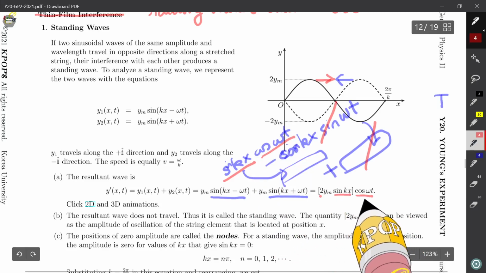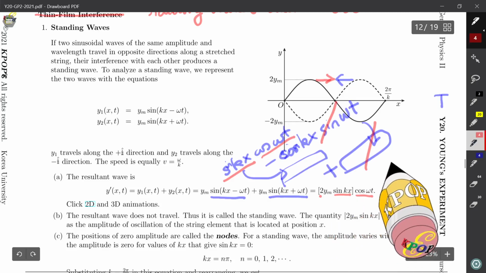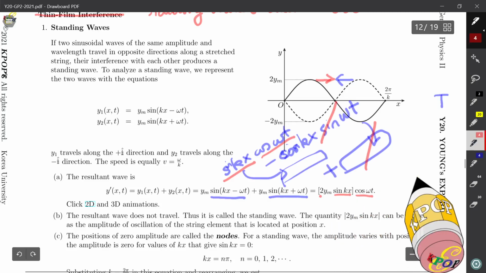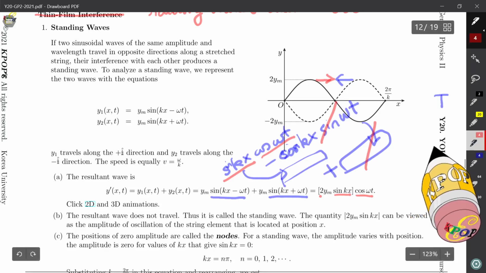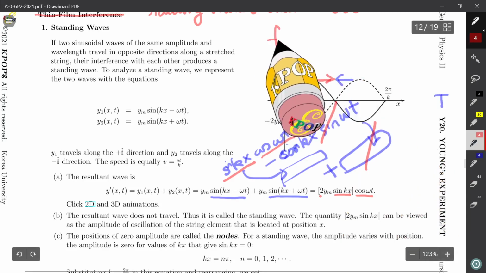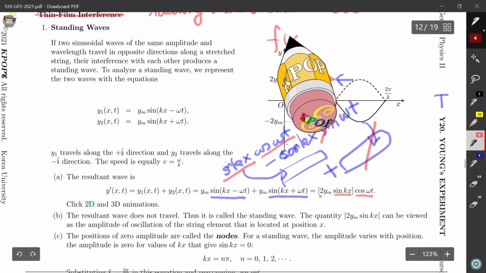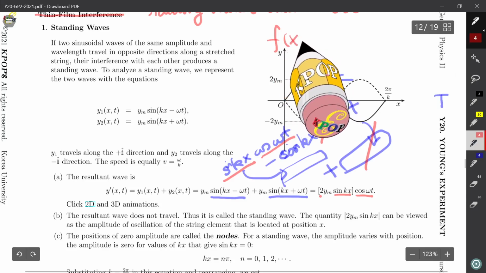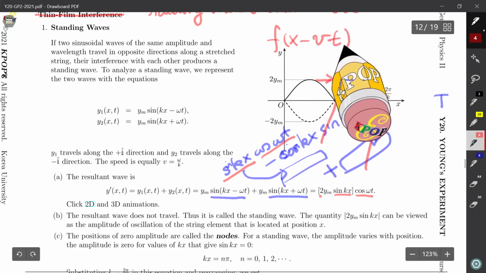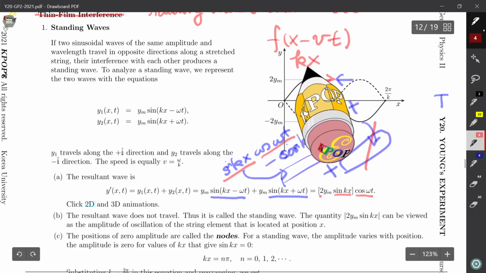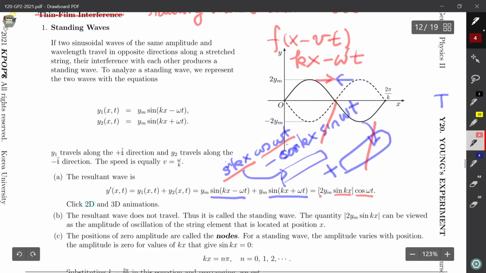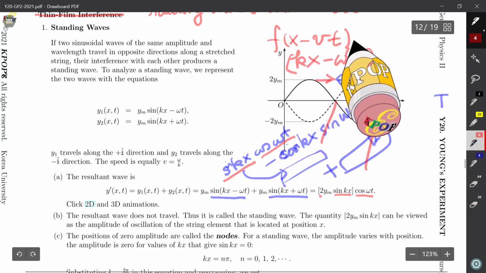Here, x dependence and t dependence are completely factorized. If it were a wave propagating along a certain direction, it should have been a function of x minus vt. However, it is completely factored out.